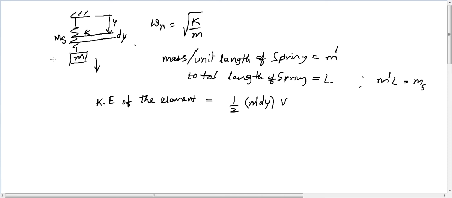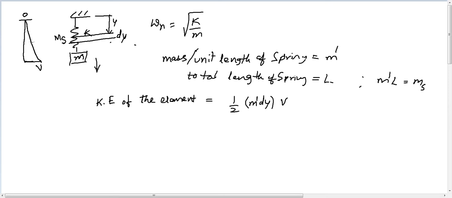If the total velocity of the mass is v, here at this location the velocity is v, and here we have the velocity 0, and the velocity will be increasing linearly.